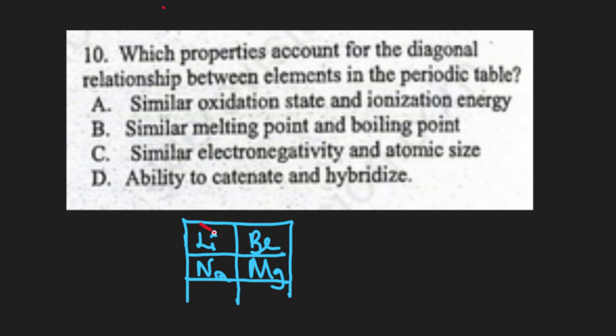This is a diagonal, and it is said that lithium and magnesium show diagonal relationship, which means that they have similar chemical properties, and this arises due to the fact that they have similar electronegativity and atomic size, making our option C to be our correct answer.